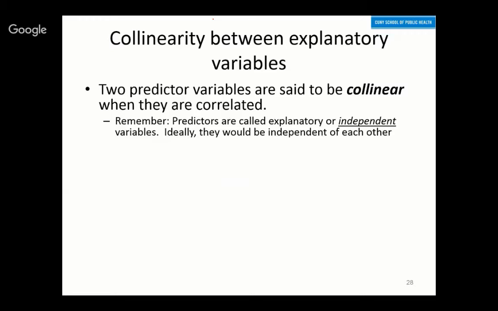Ideally, we also call these independent variables. So ideally, they would be independent of each other. And when they are independent of each other, when you add one variable, it doesn't change the other estimates, and it doesn't change their standard errors. That happens when they're collinear.